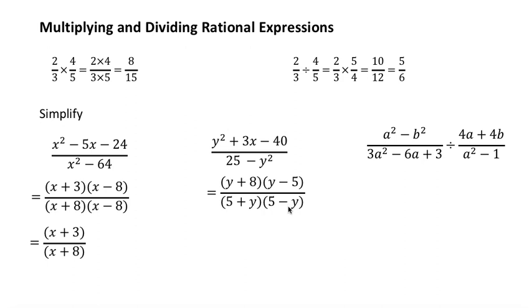How are they related? They're negative 1 times each other. So this y minus 5 divided by 5 minus y actually equals negative 1. Okay, and that factors out nicely. If you didn't get that, write it out and see how you can work it out. Or ask someone for help. I'll show you another time maybe.